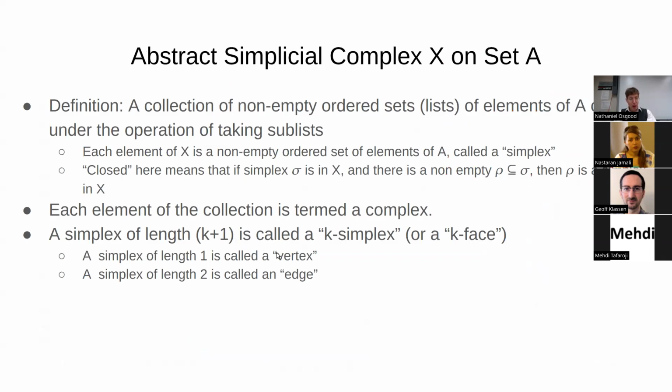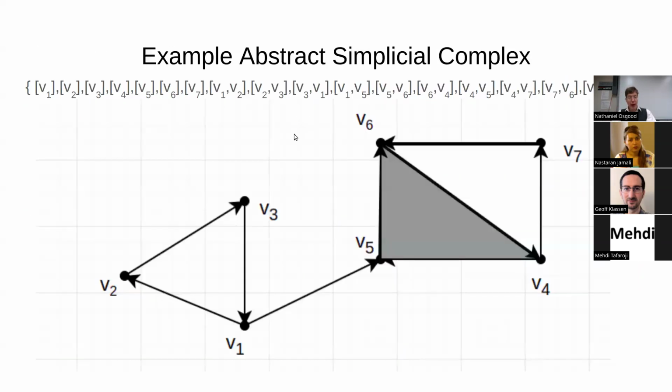Now, each of these is termed a simplex. When we have these together, these are collections of simplices called a simplicial complex. This is a simplicial complex. Okay.